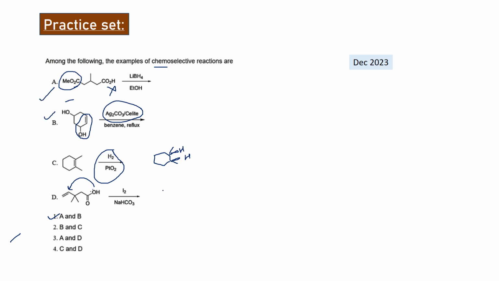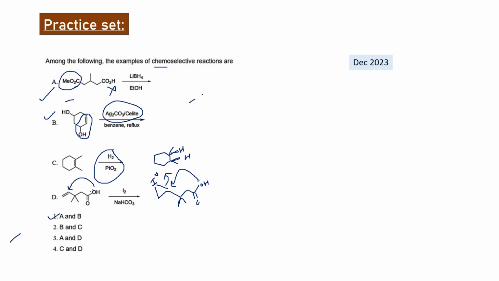In this case, the reaction goes this way: there will be iodination here, then this adjacent acid group will attack this carbon due to formation of a 5-member ring. It will open up. So this is not a chemoselective reaction.